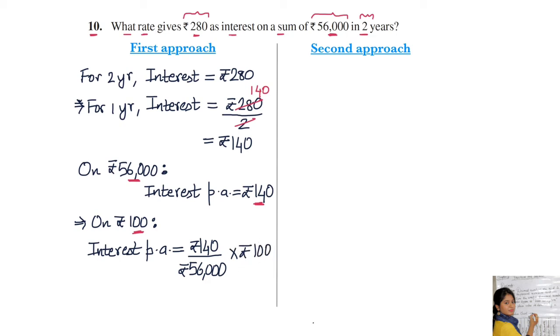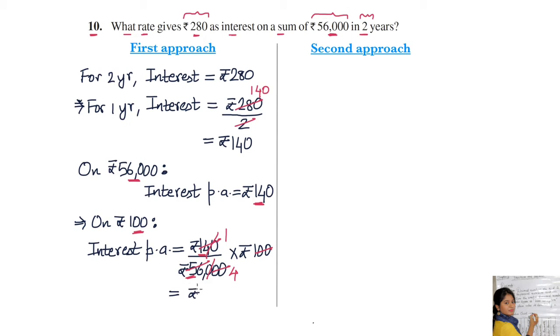The 2 zeros will be cancelled out by 2 zeros, right? Still we have 1 zero in the denominator, that will be cancelled by the numerator part. So we are left with 14 over 56. And when you reduce, 14 1 times is 14 and 14 4 times is 56.